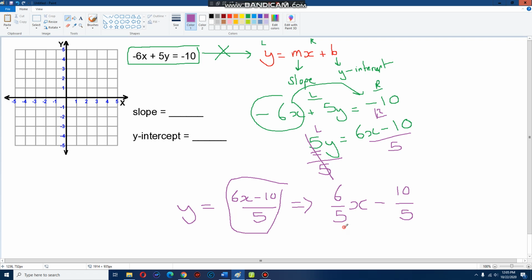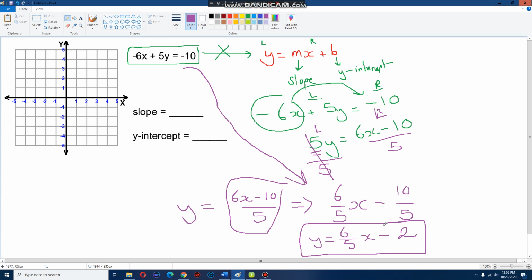And 10 divided by 5 becomes 2, so it'll just be minus 2. And there we go. We have set up our equation into the standard linear equation form. So minus 6x plus 5y equals minus 10 is now y equals 6 over 5x minus 2.